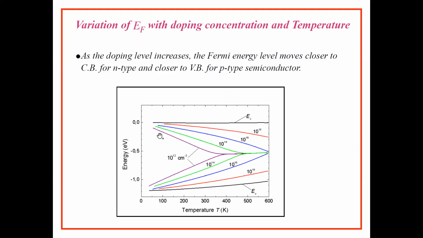This figure shows the energy level versus temperature at different values of doping concentration, and we see that as doping level increases, as we go from purple line to green line to blue line and then red and black and so on, the Fermi energy level moves closer to conduction band in N-type semiconductors and closer to valence band for P-type semiconductors.